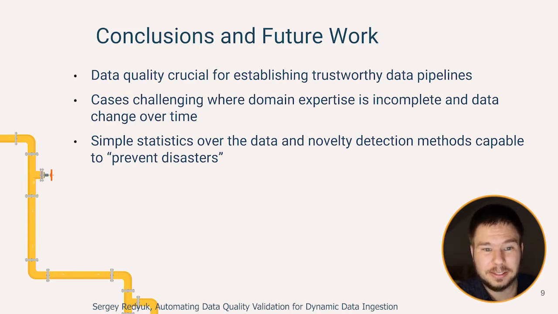In these cases, existing solutions, either in the area of error detection or data quality validation, perform poorly. And we demonstrate that collecting simple descriptive statistics over the data and analyzing them with novelty detection methods makes it possible to distinguish critical errors in data. It does not require domain expertise and adapts to changing data.